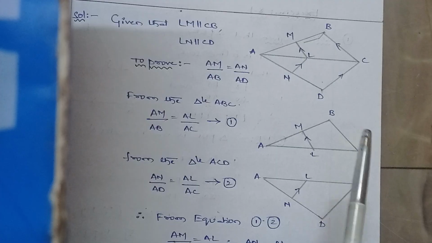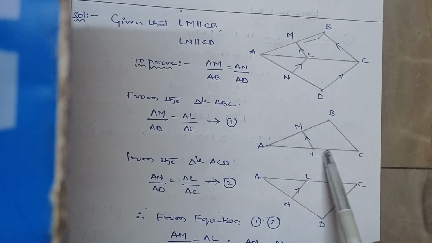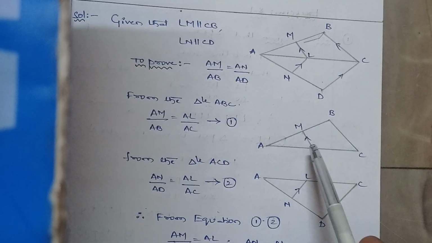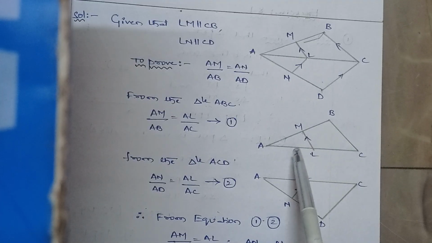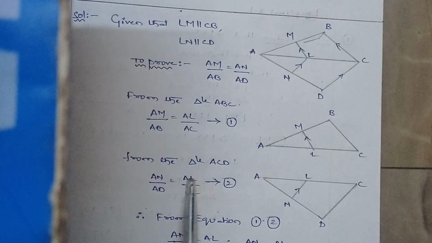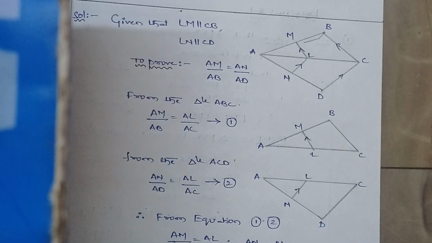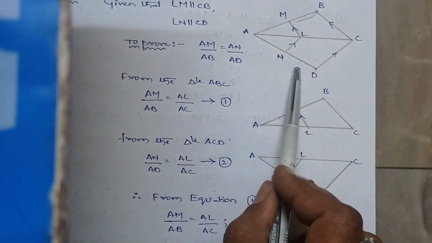So by using BPT, how will this ratio be divided? How can we take the ratio, students? AM by AB equals AL by AC. That is equation 1.